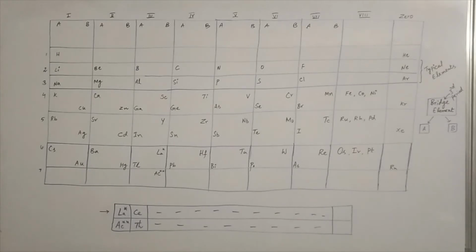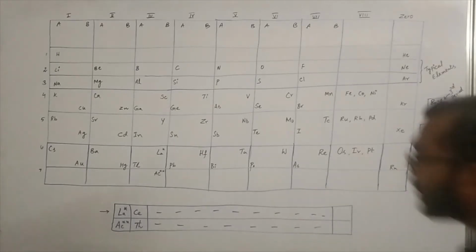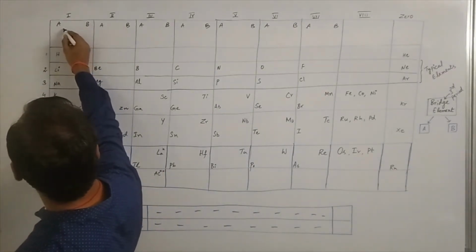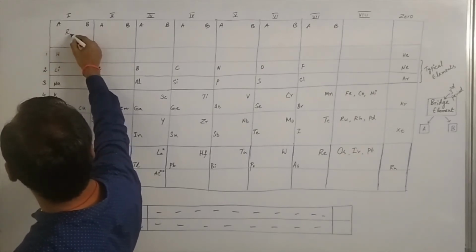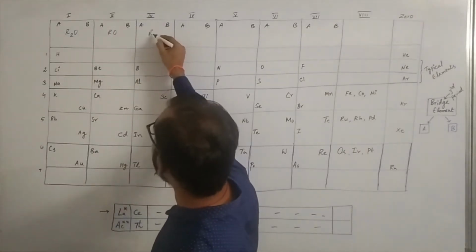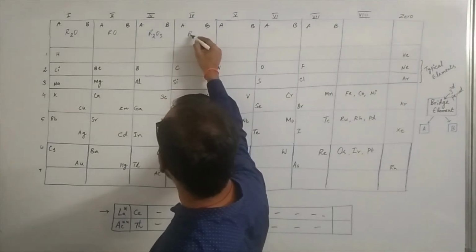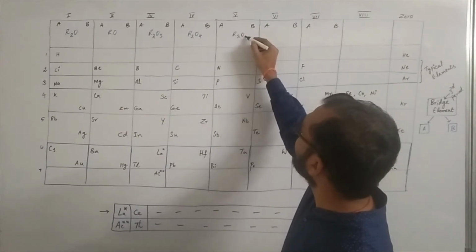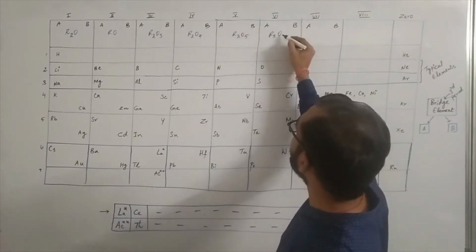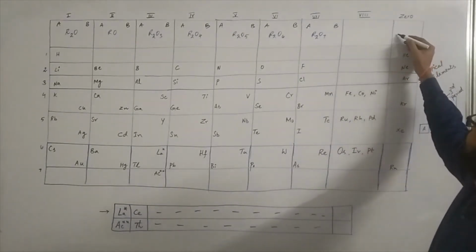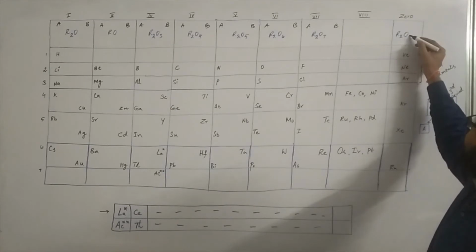Observe this. In this table you can find some formulas in this manner: R2O, RO, R2O3, R2O4, R2O5, R2O6, R2O7, R2O8.